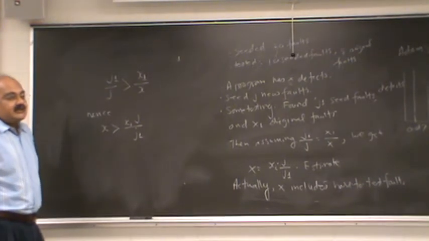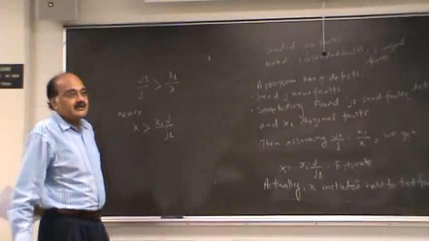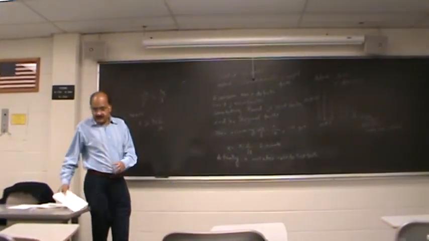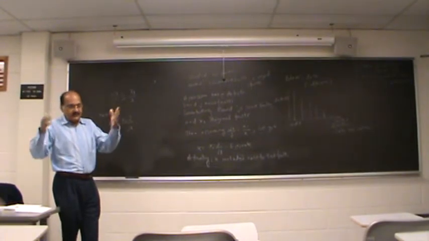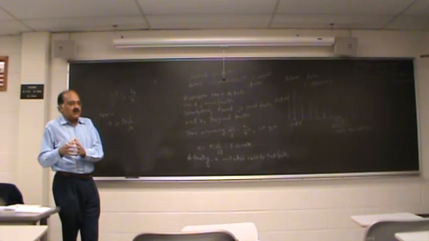Now remember, the detectability of faults can range over a very wide spectrum. They can differ by several orders of magnitude. So if you have a piece of software, maybe you have a million different combinations. Some of the faults would be tested by almost all of them.